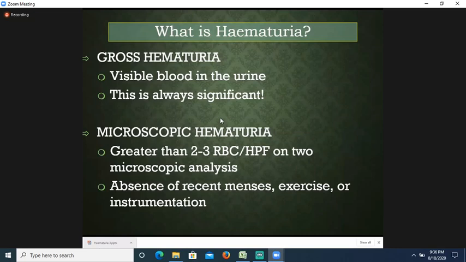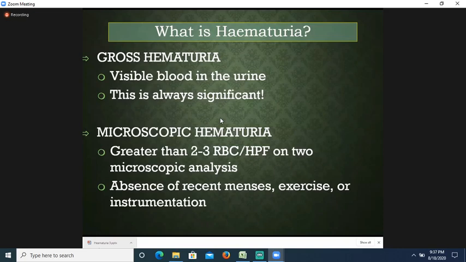Or microscopic hematuria, which you don't see visibly, but if somebody has some kind of pain or other complaints, and you ask for the urine analysis, and the microscopic examination reveals more than 2 to 3 RBCs on a high power magnification on 2 occasions, then it's called microscopic hematuria.